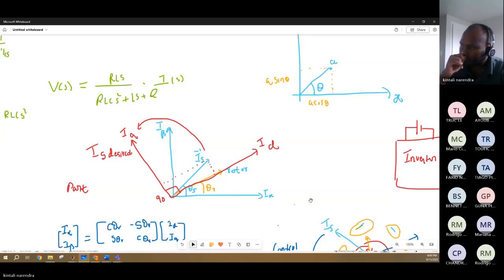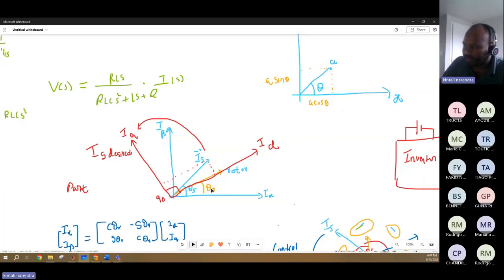What is that angle? That angle is 90 degrees minus theta s minus theta r, right?